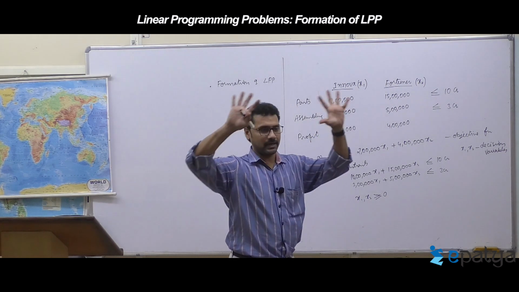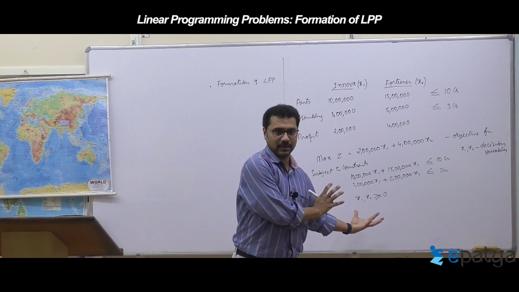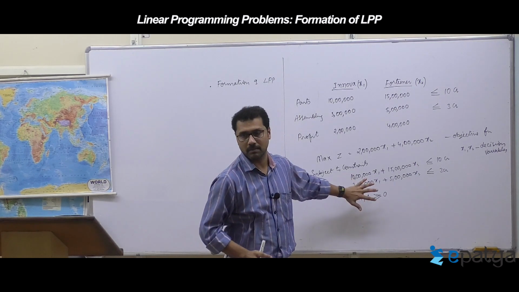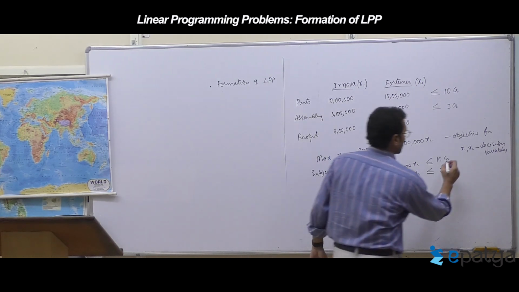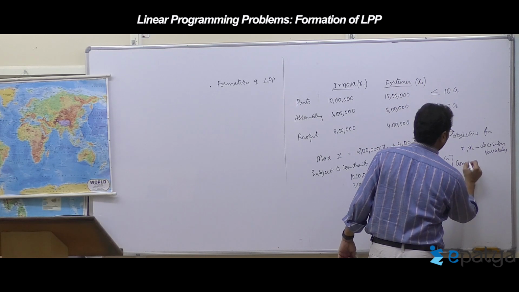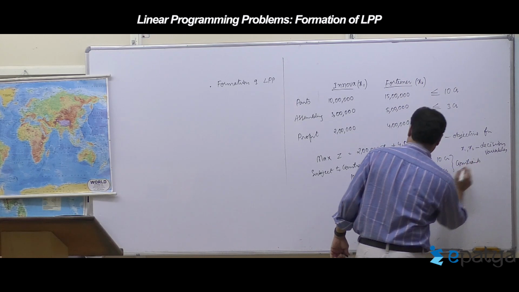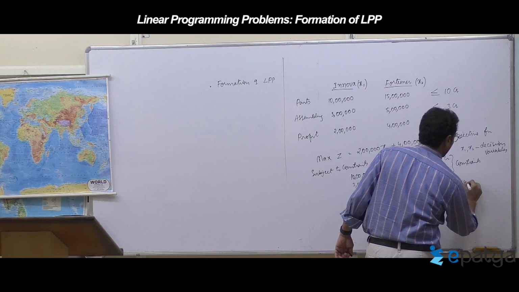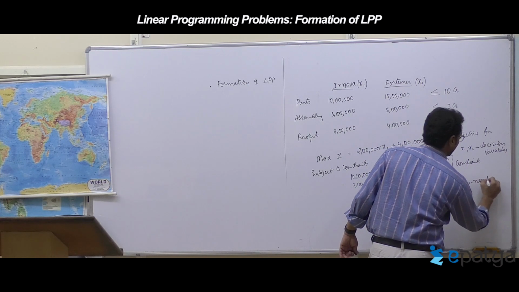The scenario, put in terms of mathematical symbols, gives us the linear programming problem. These are called constraints, and this is called the non-negativity constraint.